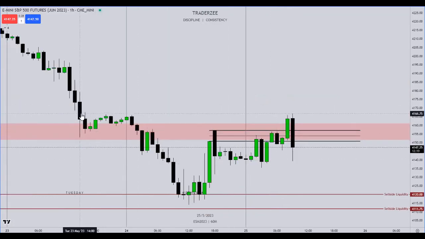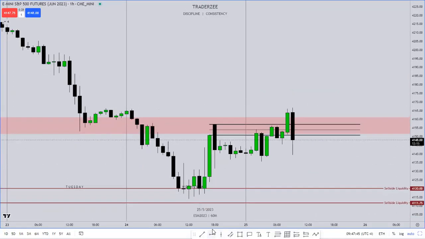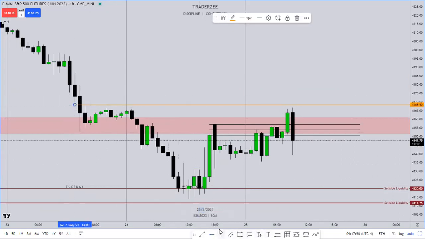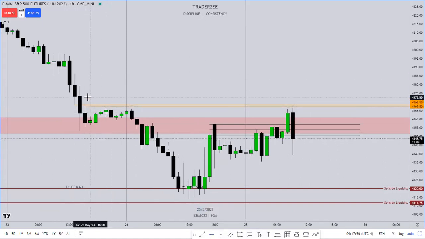We have a little fair value gap here. Why am I watching that little fair value gap? Because it's above the premium of the range, and also it's above the relative equal highs here.